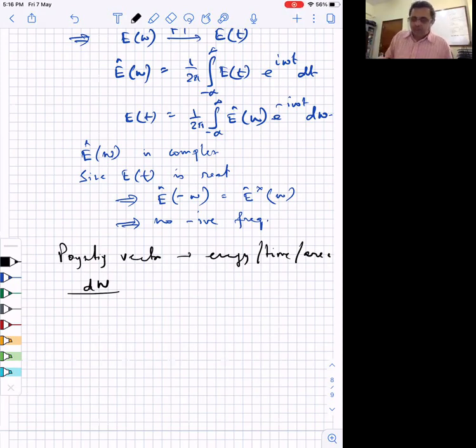So over here it makes sense to write it as W, not as dE. So per unit time, per unit area.